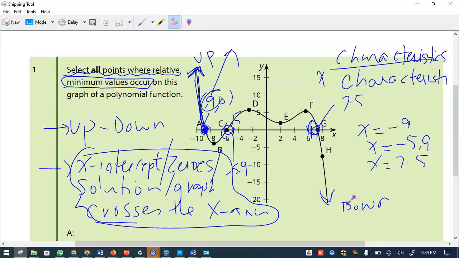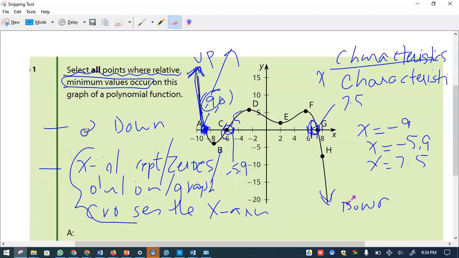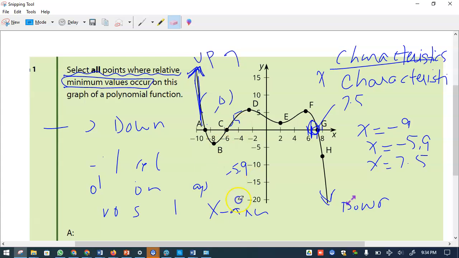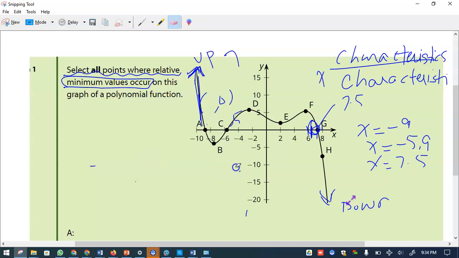One more thing you can clearly see is the y-intercept. Where does the graph cross the y-axis? I will come to the actual question, but I want you to copy down the understanding of what an x-intercept is.